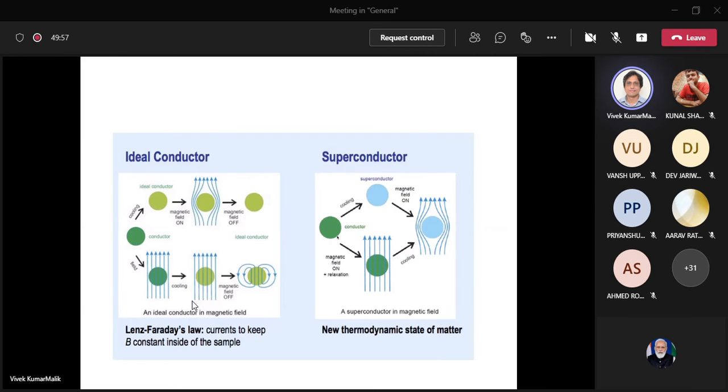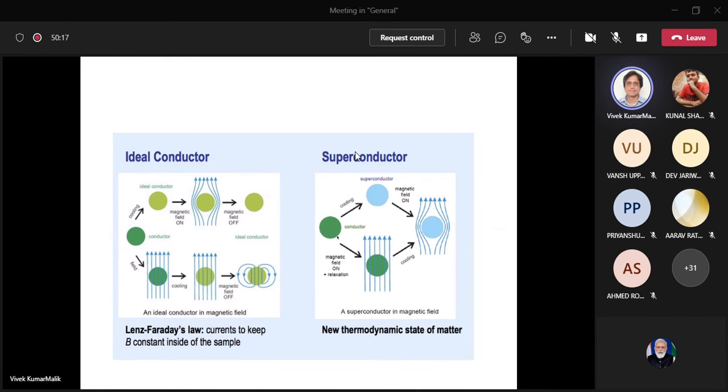There is a relative motion between the magnet and a closed loop, and then you generate the current in it. So this energy comes essentially from steam in thermal power plants, or from falling water in hydropower plants.